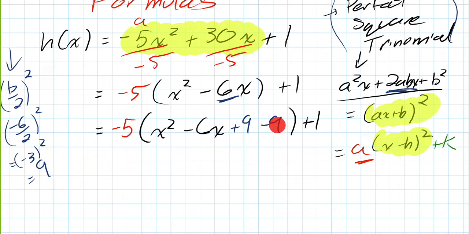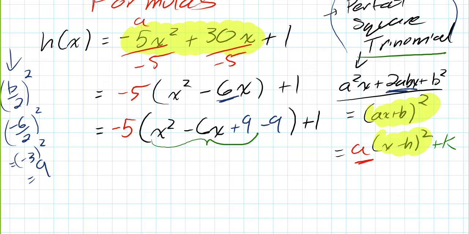So all we're doing is adding 0, and when you add 0 to something, we didn't change it. So we actually haven't changed this equation by both adding and subtracting. But what we have done is created a perfect square trinomial. This little piece we're going to be able to factor.